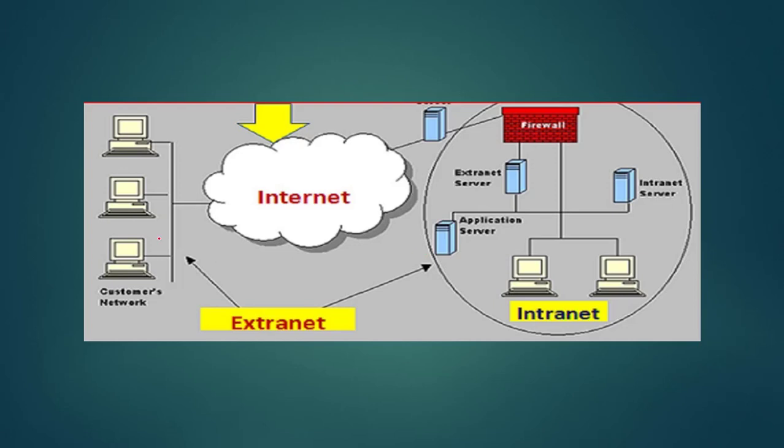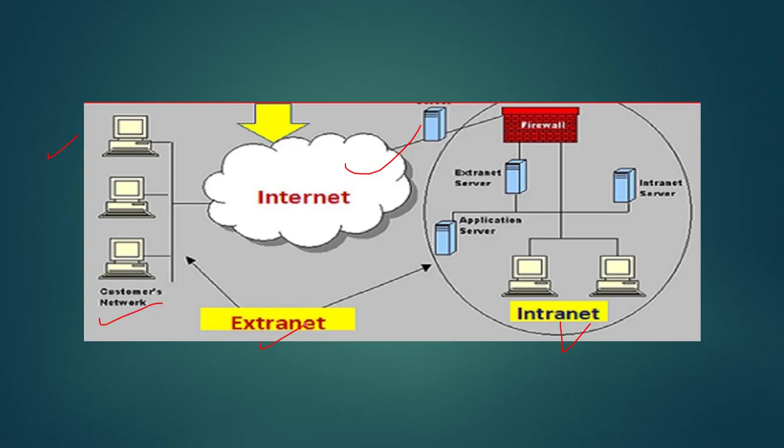With this example, we have to discuss these two terms, intranet and extranet. Over here in this limited range, you can see that we have two computers and some other servers which are connected to create an intranet. This network is limited to a range, but if you connect this intranet with the internet, then it can be accessed outside, where other customers or employees can use this network outside the intranet facility. Now it can be termed as an extranet network.